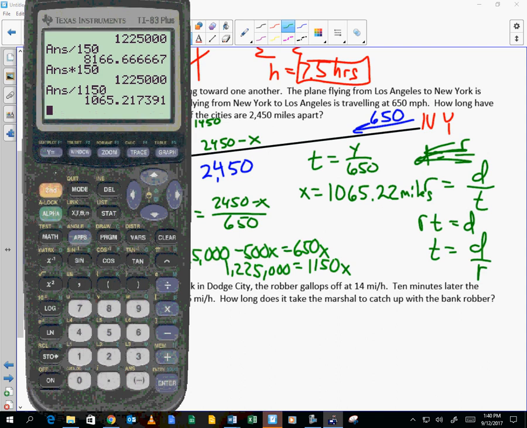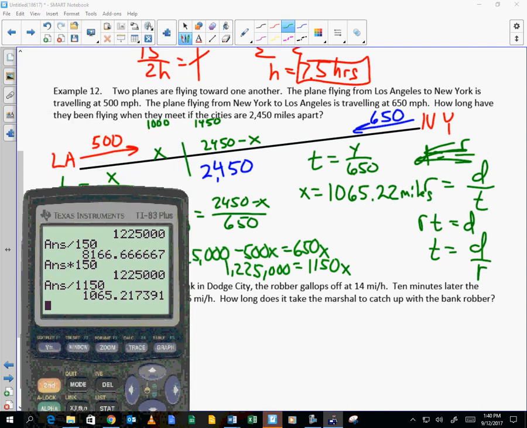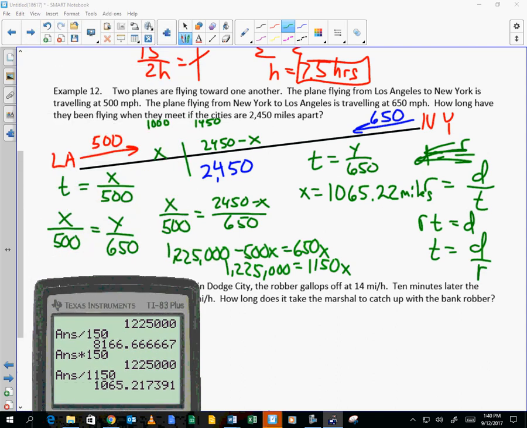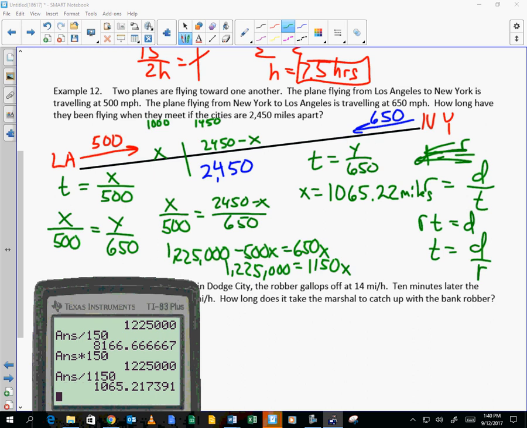Have we answered the question? What is the question? What is the question asking? It's asking for the time. Well, fortunately, we've got a nice equation that will tell us the time. That's how far the plane from LA has traveled when it meets the other plane.